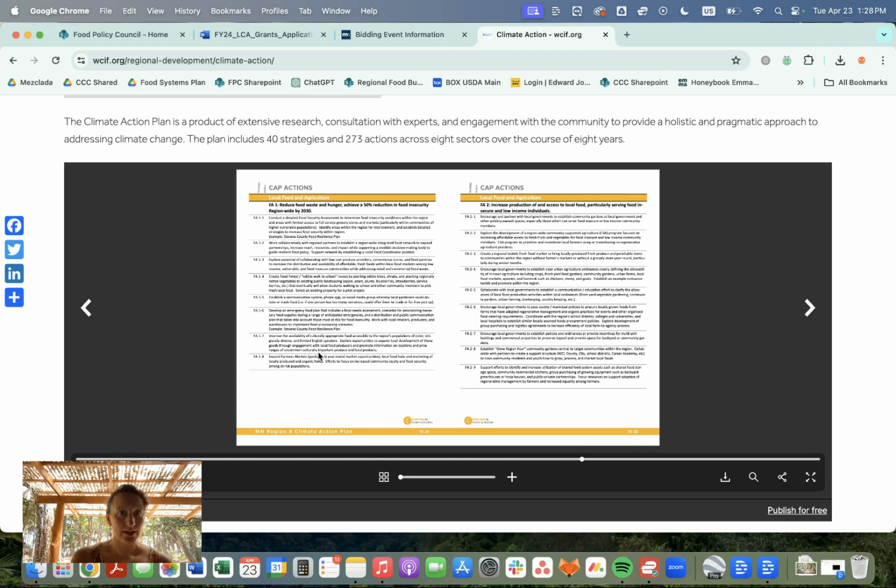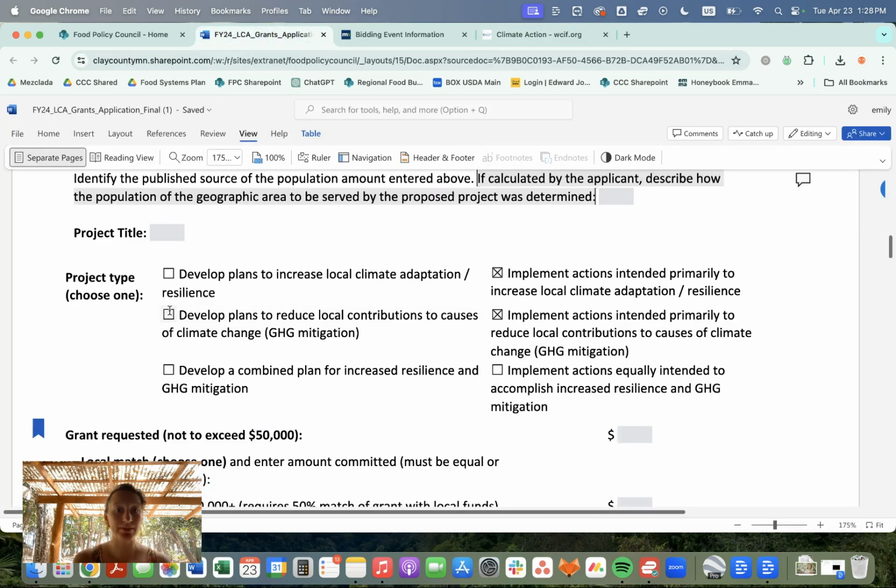The question now is, how do we marry what's happening here, what's happening in the regional food systems plan, and this grant application? What you'll find is that this is looking at actions intended to reduce local contributions of causes to climate change. And up to this point, I'll be honest, that hasn't been a huge focus within our Food Council. That's not to say that the connection isn't there.